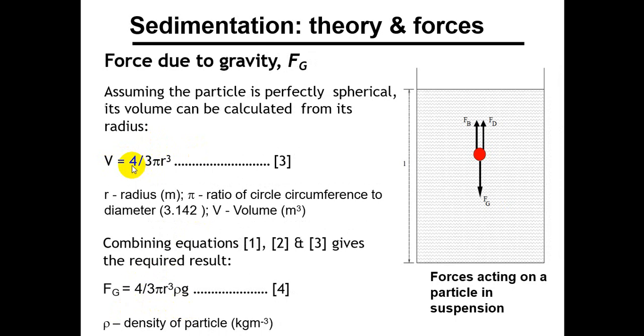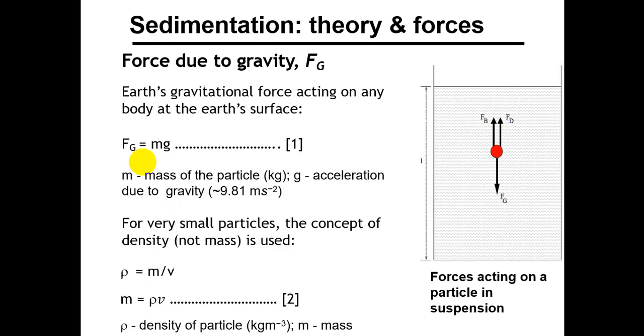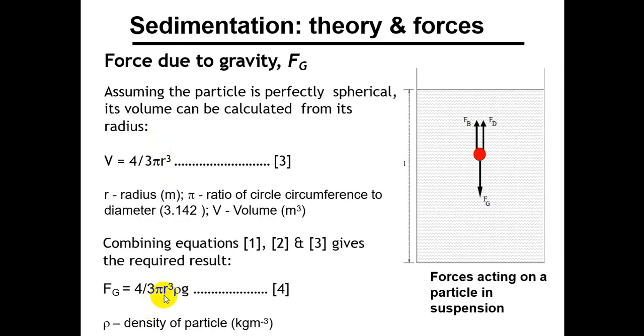If you go back and put this volume in that formula, we get 4 over 3 pi r cubed times density. Wherever we see this m, we put 4 over 3 pi r cubed times density, and that is what gives us this final answer.